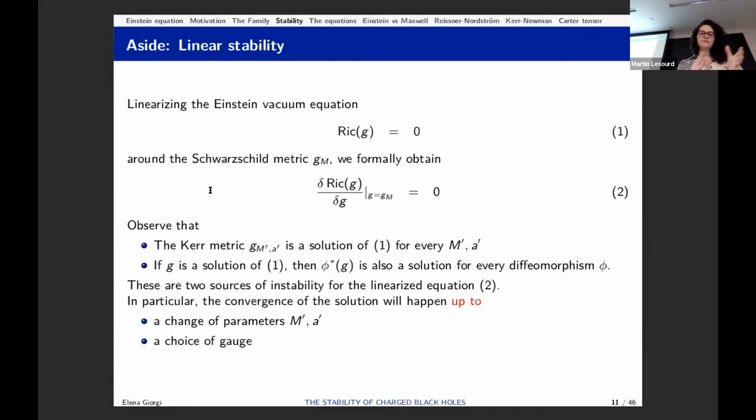One is given by the fact that the Kerr metric is also a solution of your Einstein vacuum equation, so if you change the metric by mass or an angular momentum, this will still be a solution. The other source of instability, even more problematic in general, is that this is a tensorial equation. An equation that is true for a tensor: if it's true for a metric g, then it's true also for every pullback of the metric by any diffeomorphism. So there is a huge gauge freedom that is going to be a source of instability. We've heard about these problems, and so what I want to say is that you should expect to have decay up to a change of parameters and a choice of gauge.